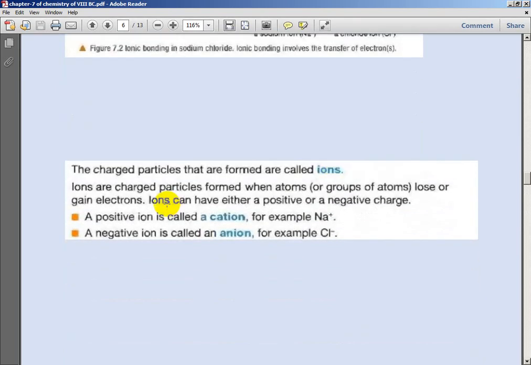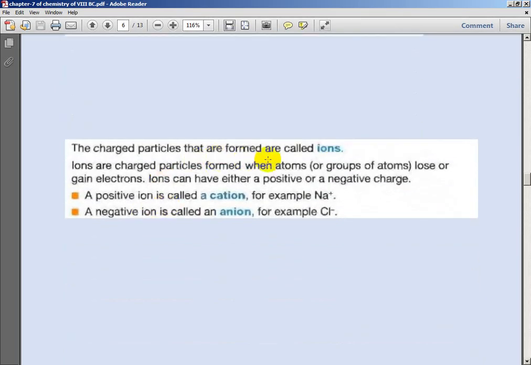So the charged particles that are formed are called ions. A positive ion is called a cation, for example Na+. A negative ion is called an anion, for example chloride. Ions are charged particles formed when atoms or groups of atoms lose or gain electrons. Ions can have either a positive or negative charge.